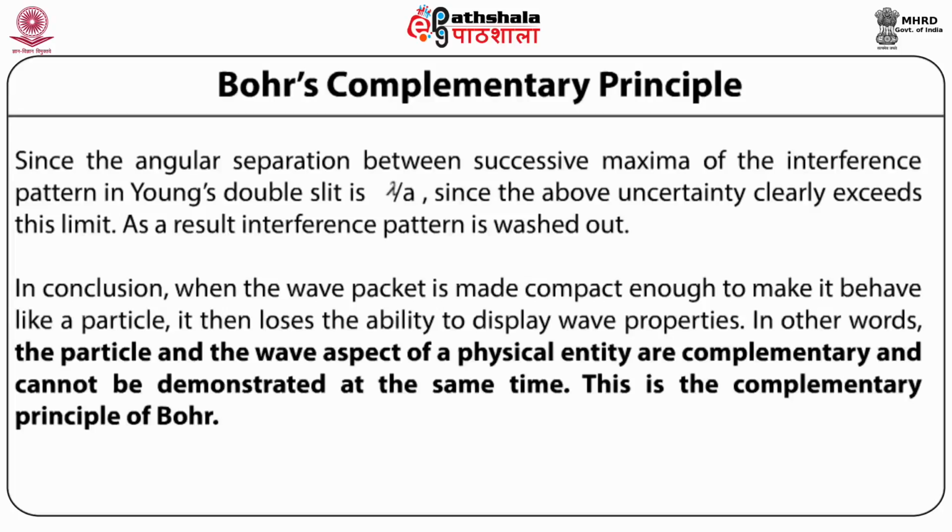The above uncertainty clearly exceeds this limit, which means that the uncertainty given by the angle theta, which is 2 lambda by a, is greater than the angular separation of the Young's double slit, which is given by lambda by a.